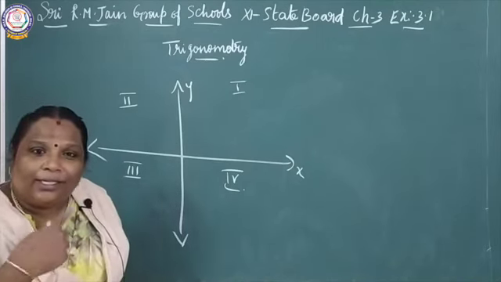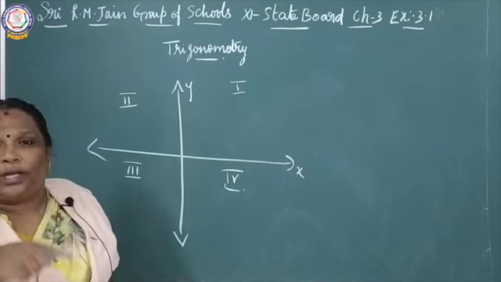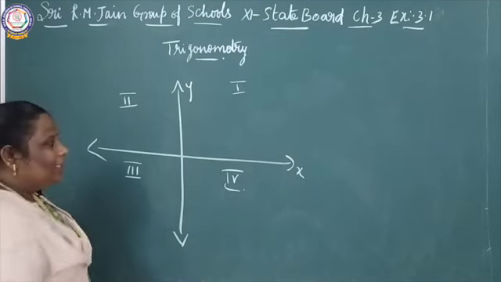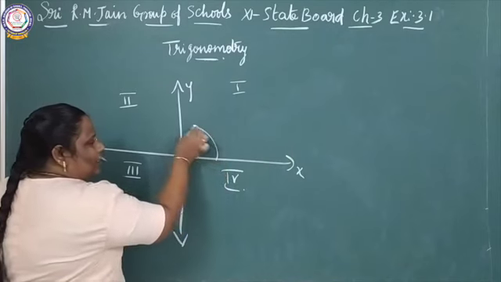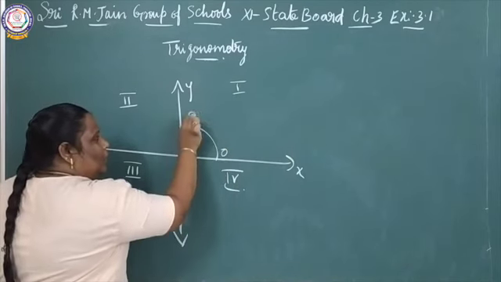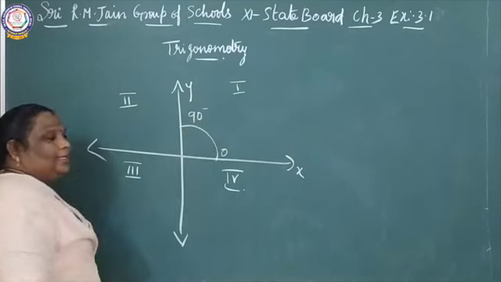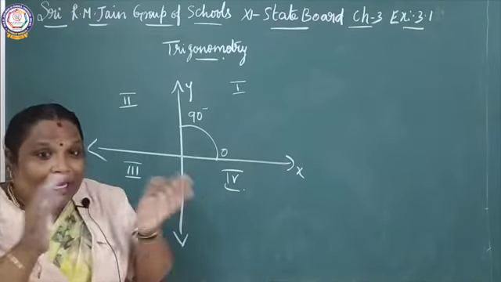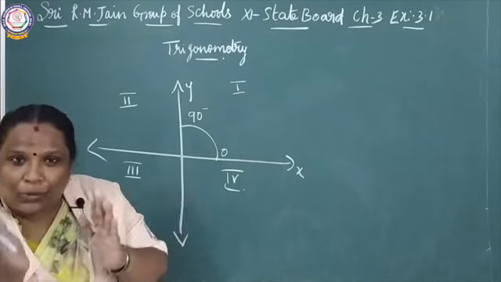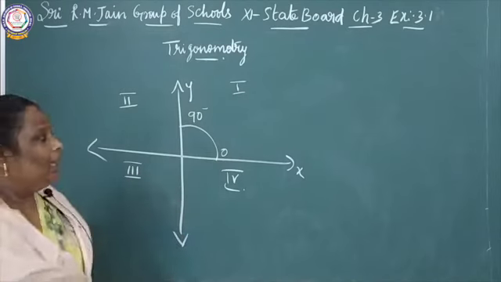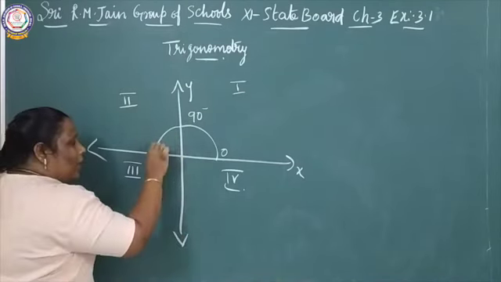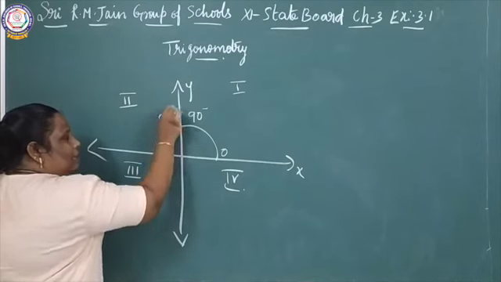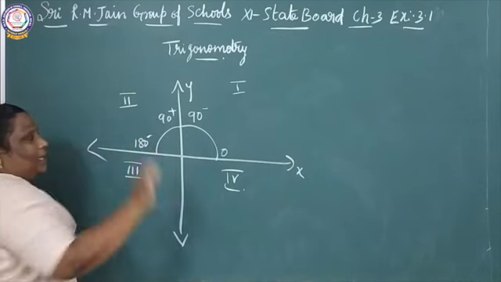See, it rotates in an anti-clockwise direction, not clockwise. The first quadrant lies between 0 to 90 minus, that is 0 to 90 degree. Then the second quadrant is 90 plus to 180 minus.